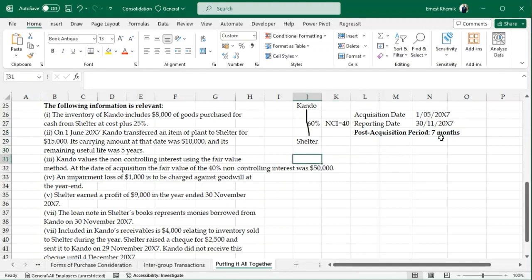Now the second working, which is workings 2, is our net assets schedule.